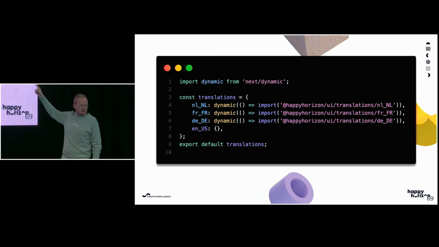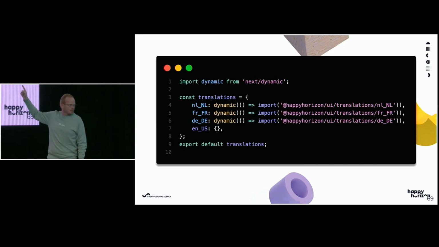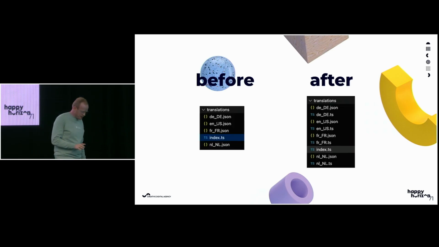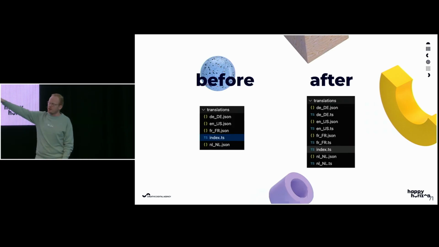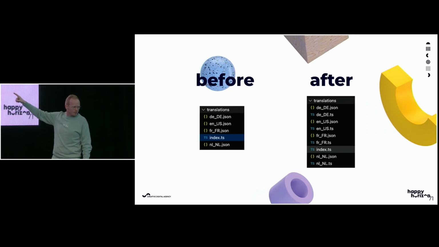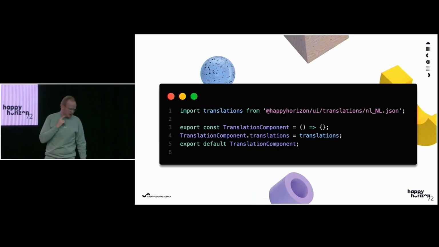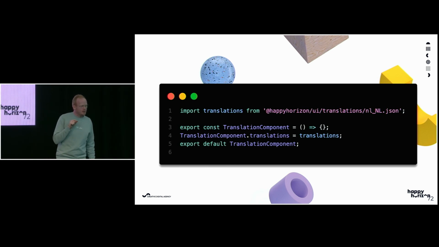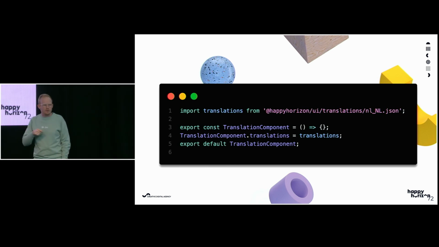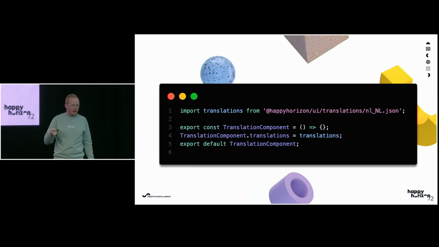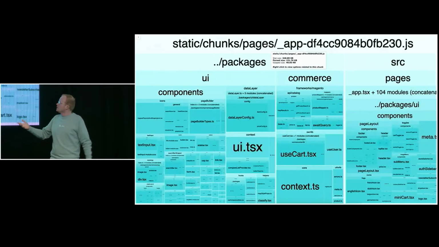The only difference is that there's no .json at the end. But that's not all. Previously, it was only JSON files. Now I have additional TypeScript files. And in the TypeScript files, I'm doing something a little bit crazy. It's not really a component, and I put a property on the component with all the translations, so you can lazy load it.